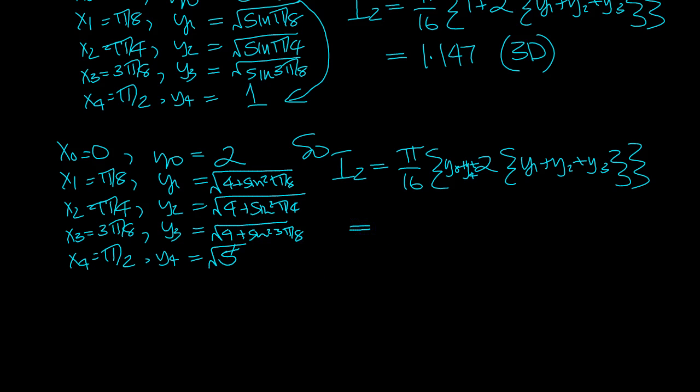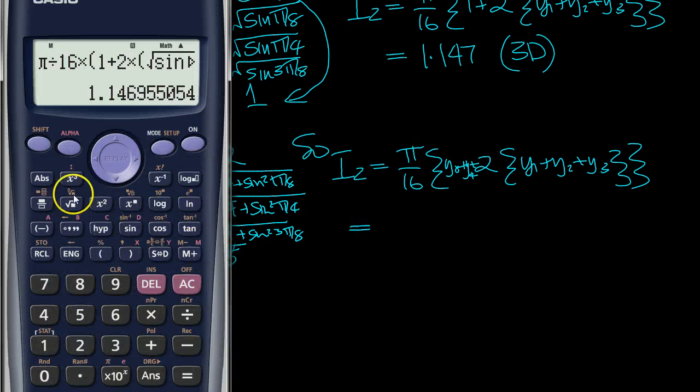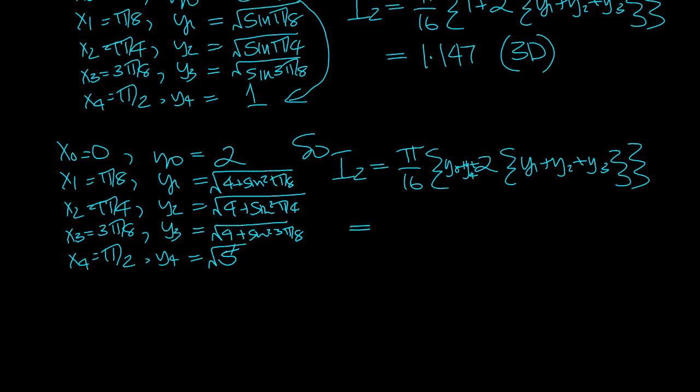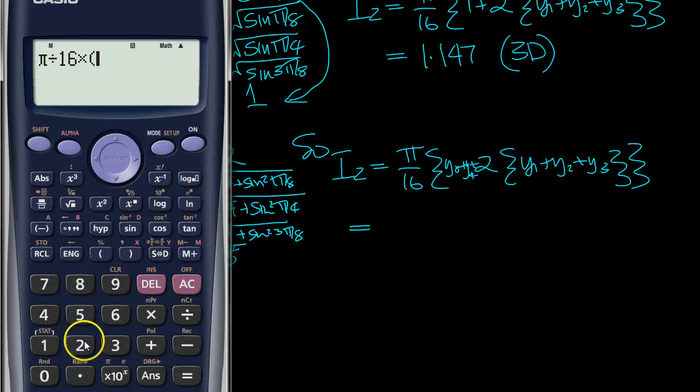So let's tap them in the calculator and see what we get. Pi over 16 times bracket. The first and the last, 2 plus root 5. Put it in. 2 plus the square root of 5. Okay, plus 2 times bracket. Then we got y1, which is here.